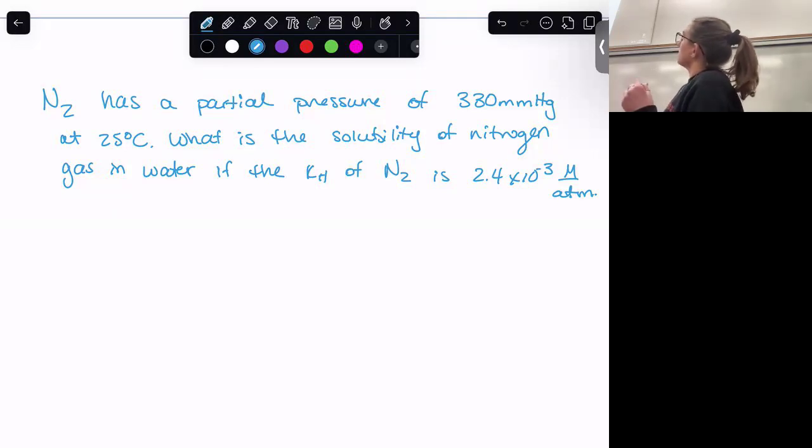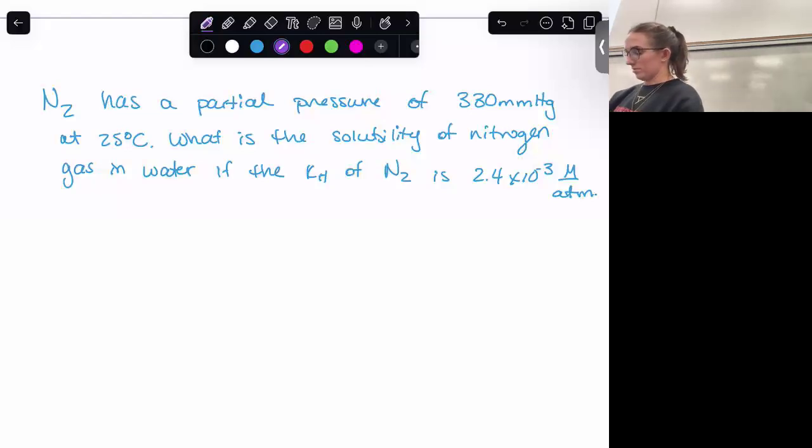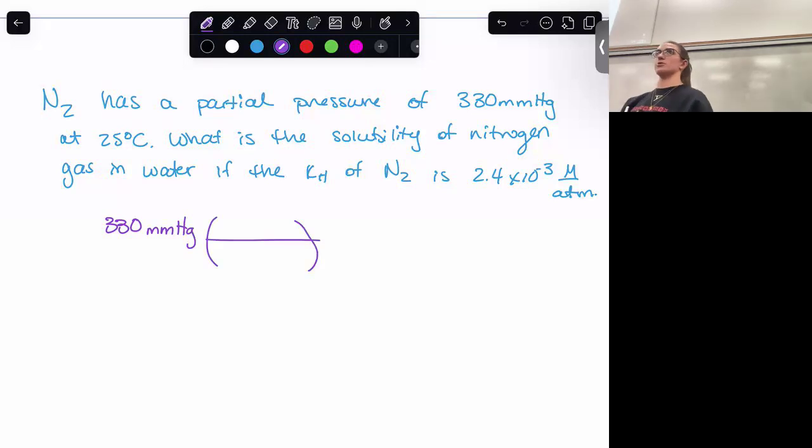What is the solubility of nitrogen gas in water if the KH of N2 is 2.4 times 10 to the negative 3? How are we going to solve this one? Perfect, we need to convert the pressure. We have 330 millimeters of mercury. Does anyone know that conversion? That'll be given to you if needed.